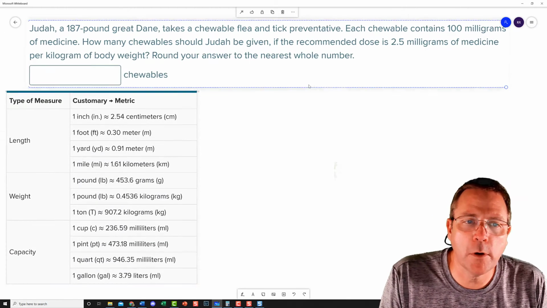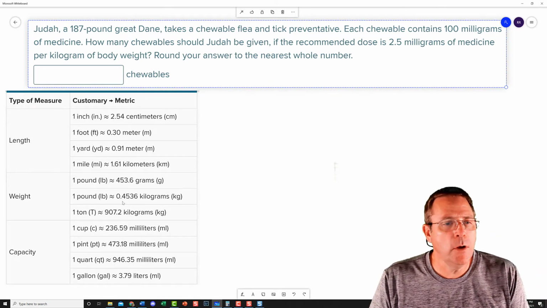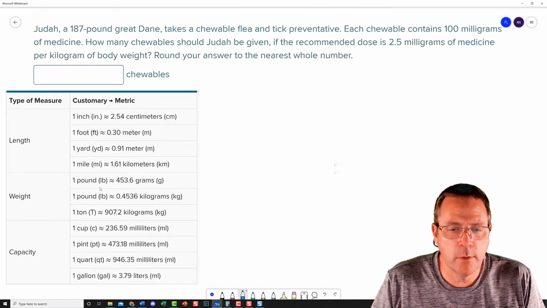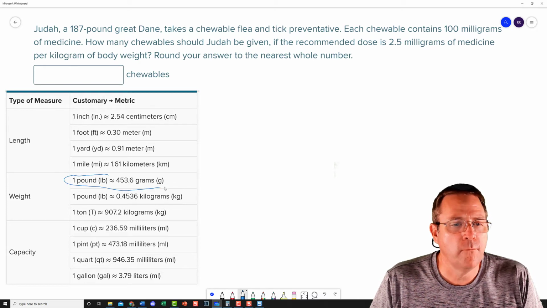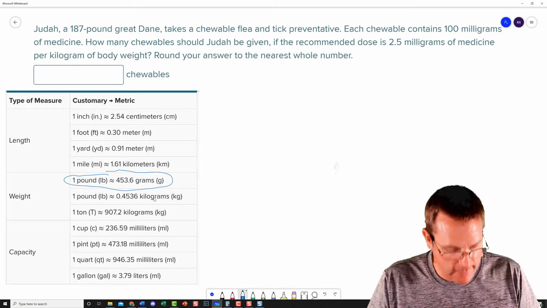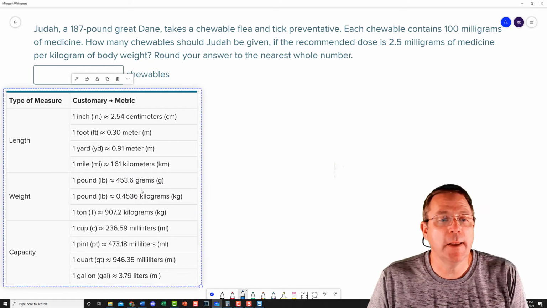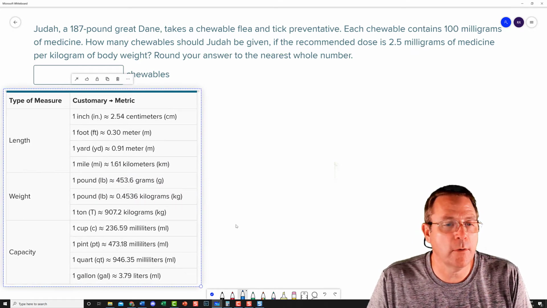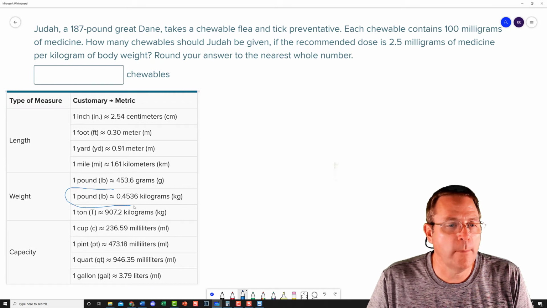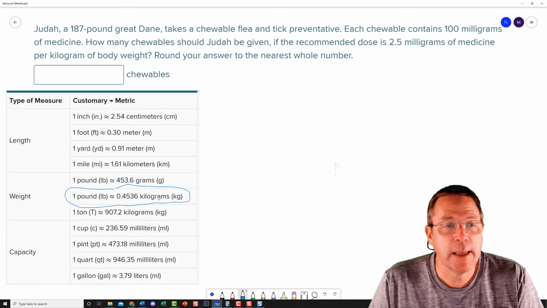So I have my work table set up here, and I know that 1 pound is equal to 453.6 grams. But that's not any good to me. Something that is good to me is this one right here that says that 1 pound is equal to 0.4536 kilograms.